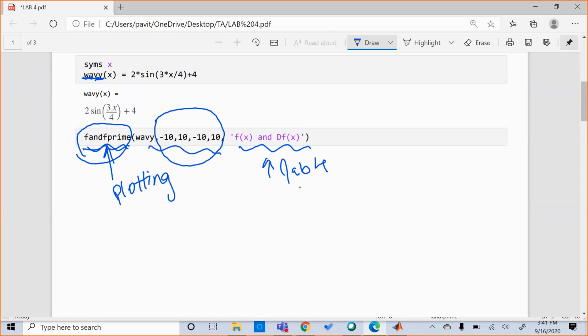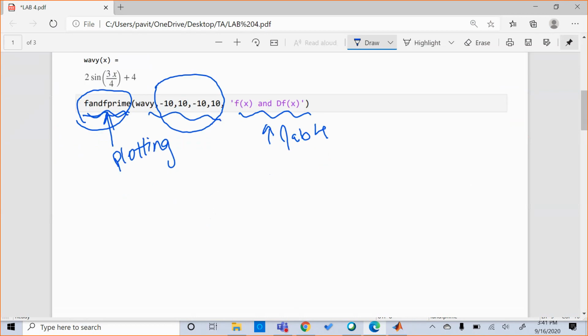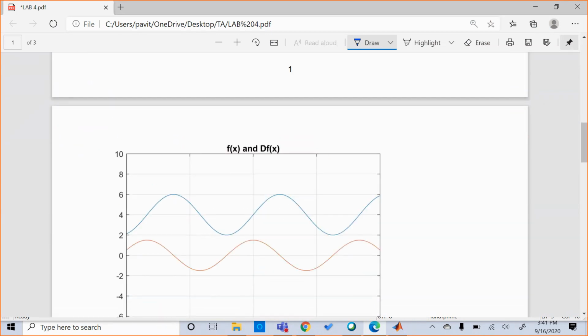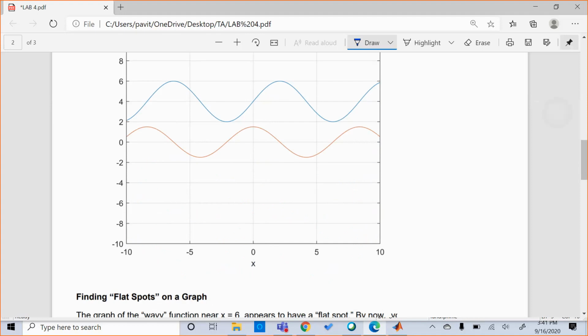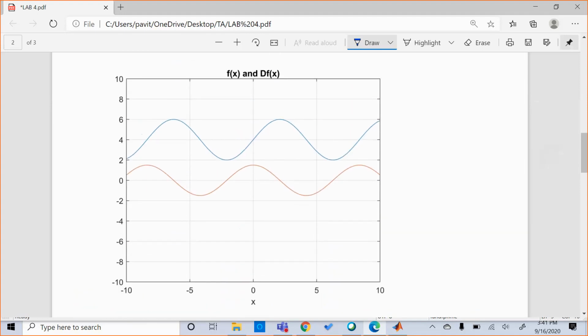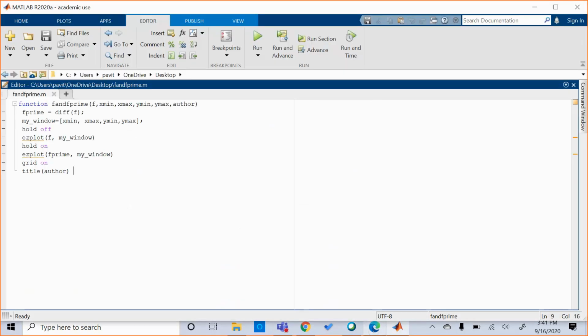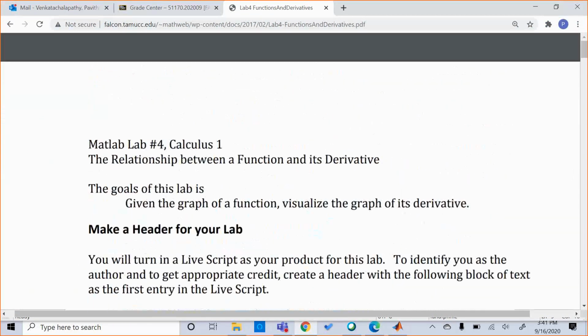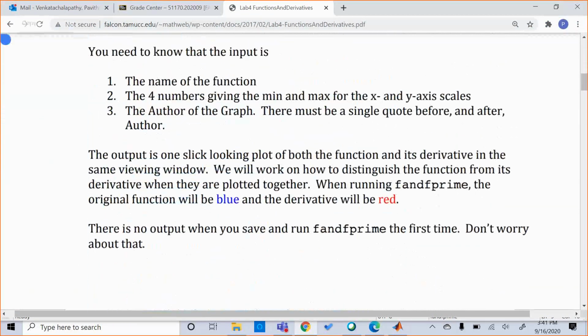Got it? So now let us go to the graph and see what is plotted. Okay. So I say this is my f of x and g of x. Okay. So it is also mentioned in your lab manual that your original function will be in blue, derivative will be a red.